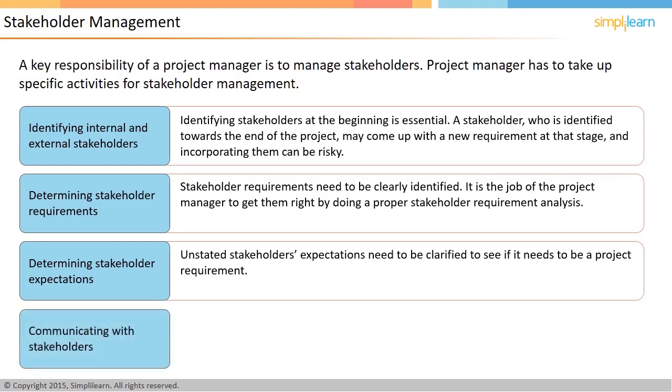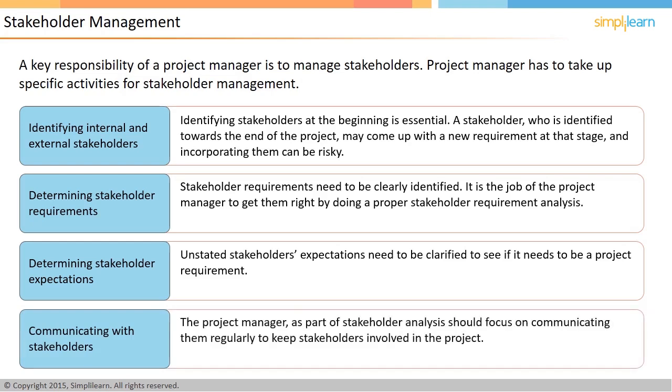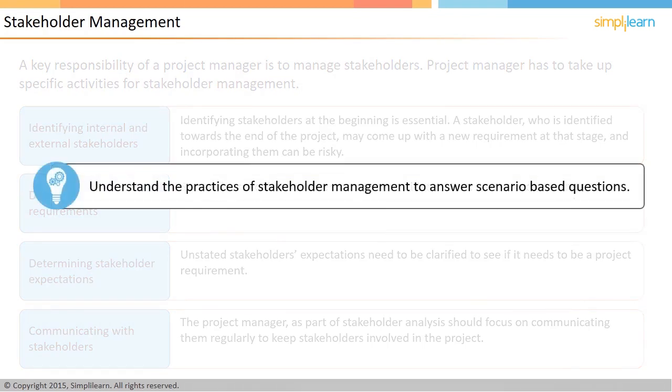Once all the stated and unstated stakeholder requirements are known, the project manager, as part of stakeholder analysis, should focus on communicating them regularly to keep stakeholders involved in the project. Once you understand the practices of stakeholder management, it will be easier for you to answer scenario-based questions in the examination. In the next screen, let us look at the various organization structures.